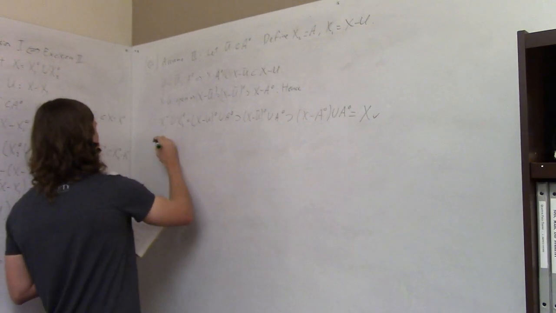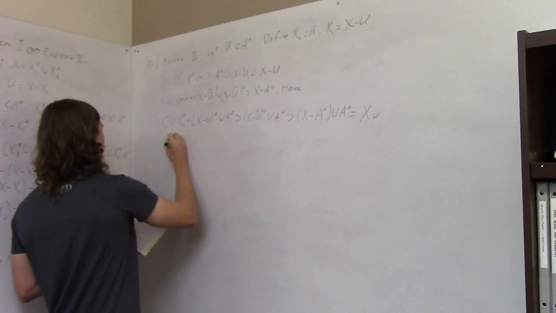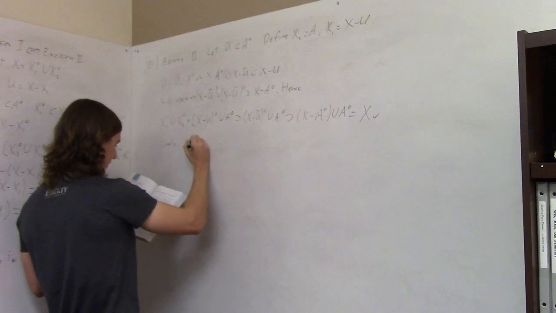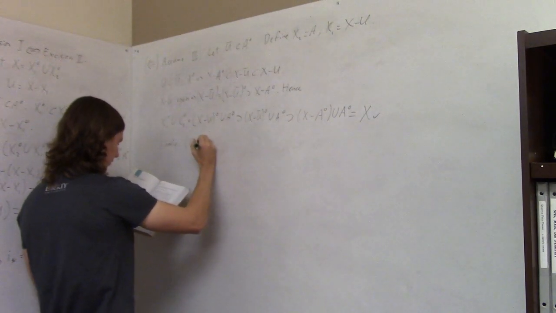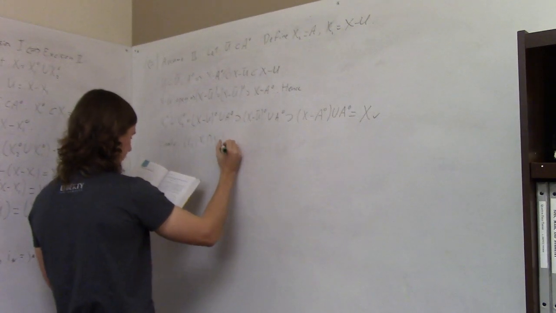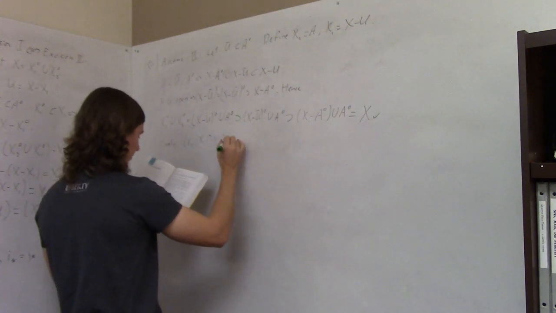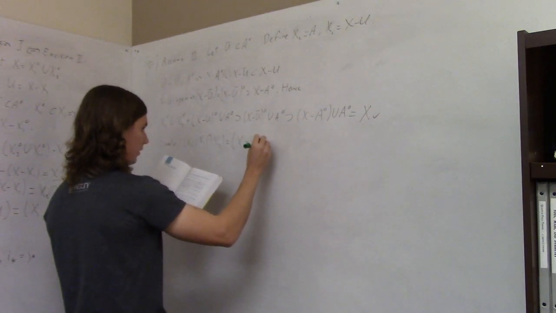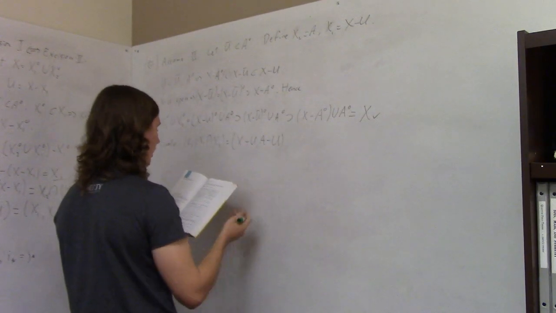It says, finally, it is easy to see that x1 intersect x2 is equal to x minus u, a minus u.